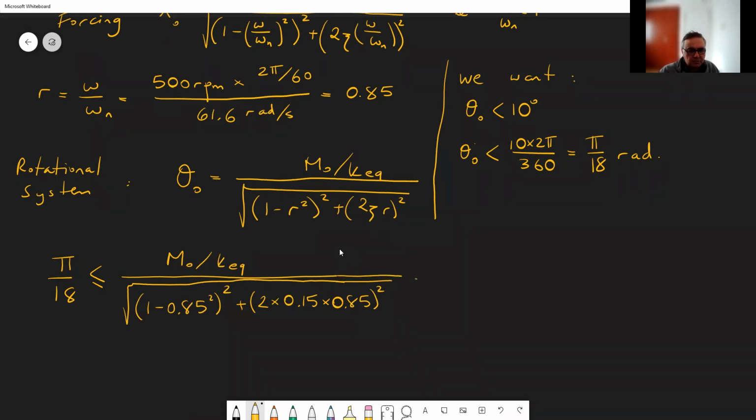And if you compute this, this becomes 2.64 M0 over K equivalent.